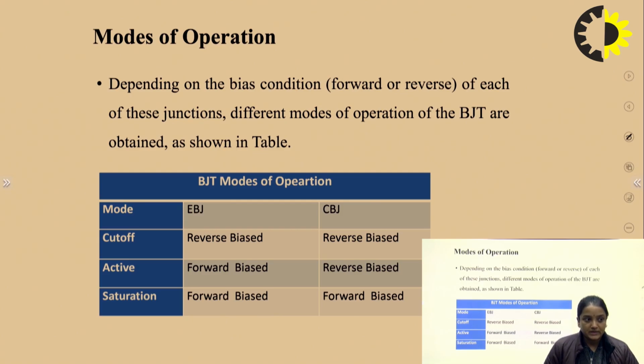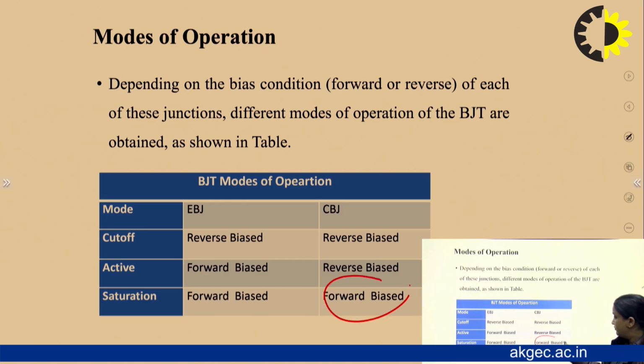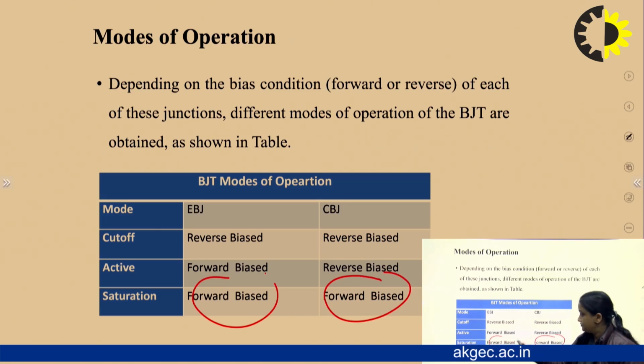If we consider the first case, that is the saturation mode, in this the emitter base junction and the collector base junction, both are in forward bias condition. That is, whether it is emitter base or collector base, they are in forward bias condition.